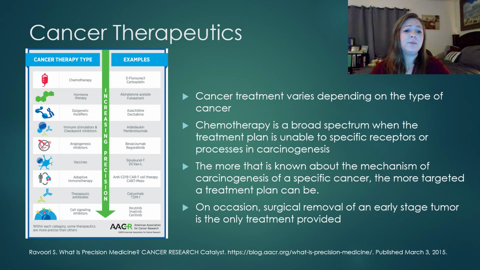So even sometimes surgical removal of an early stage cancer is the only treatment needed. This is usually a practice seen with people who are suffering from testicular cancer, especially if it's still early on, stage 1, even stage 2.